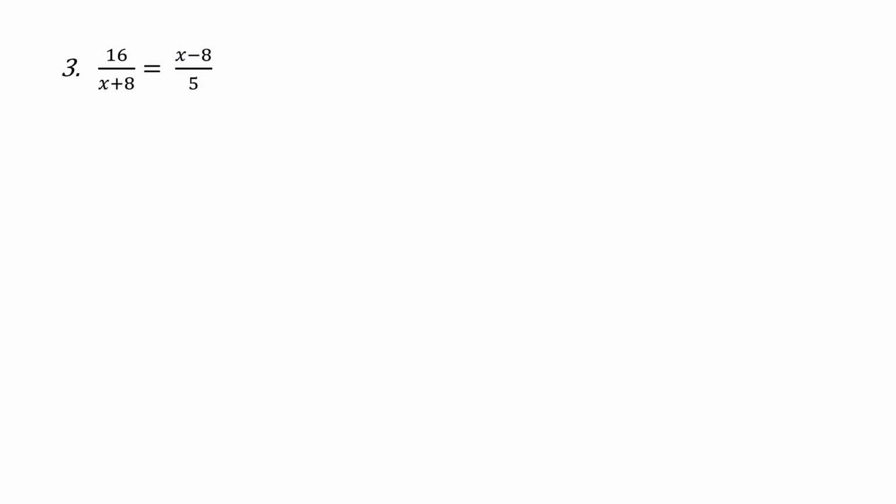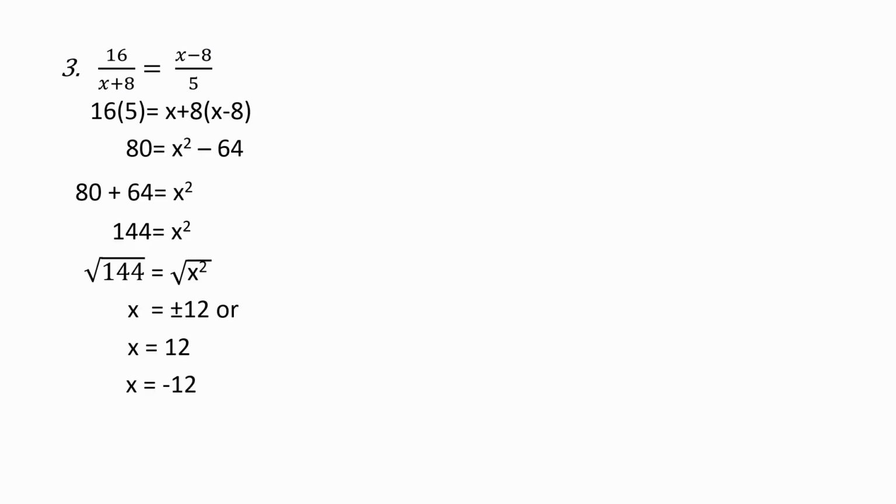Next, number 3, we have here x over x plus 8 is equal to x minus 8 over 5. Again, solution. Cross multiplication again, you cross multiply. So we have 16 times 5, and you have your quantity x plus 8 times quantity x minus 8.